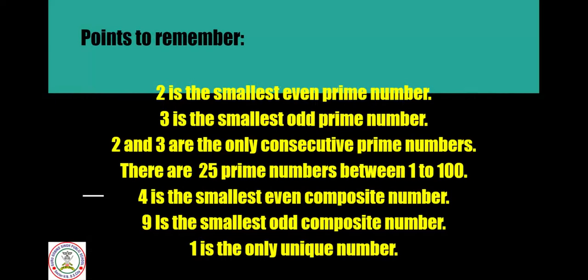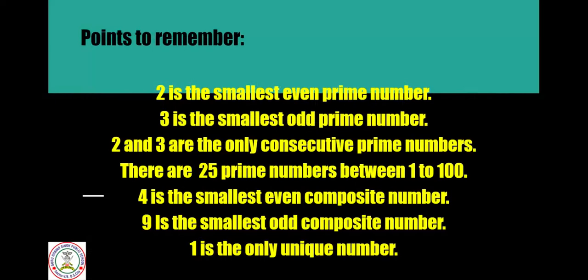Number 3. 2 and 3 are the only consecutive prime numbers. Number 4. There are 25 prime numbers between 1 to 100.